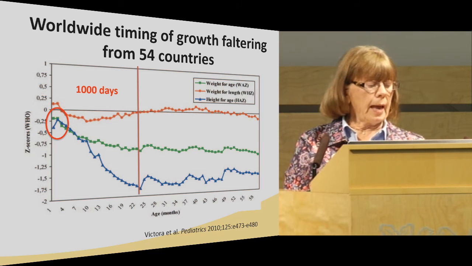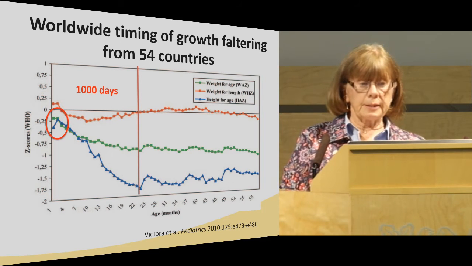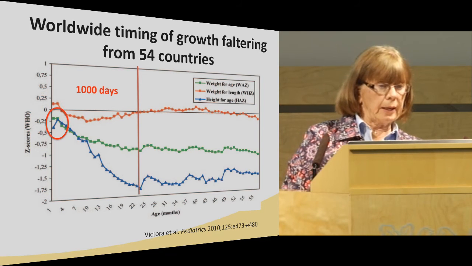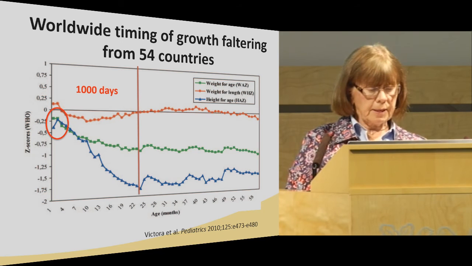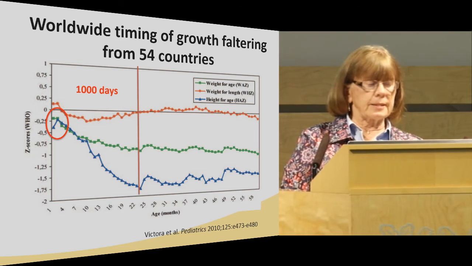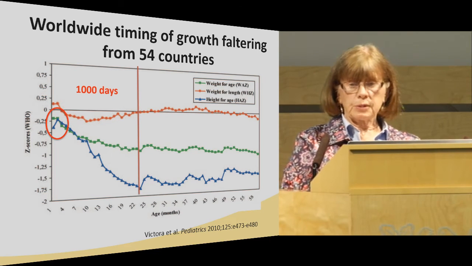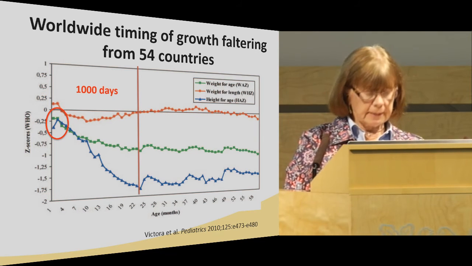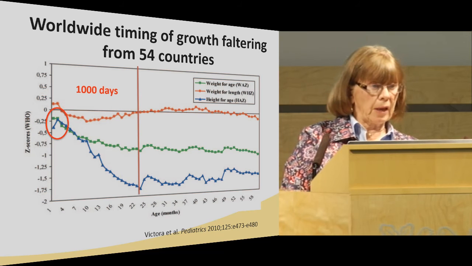So we see at birth that there are many children who begin already stunted, so already with a linear growth that is lower than expected. And you'll see that it's really during the first 1,000 days that the growth faltering in terms of their linear growth occurs, and then it basically flattens out. So we see children right from the beginning who are behind.